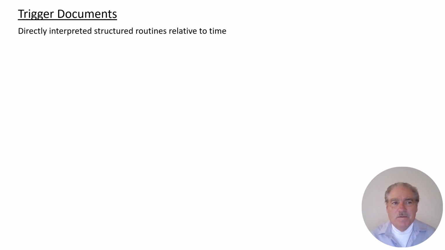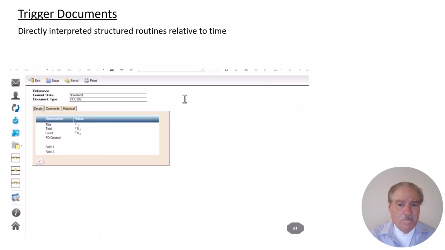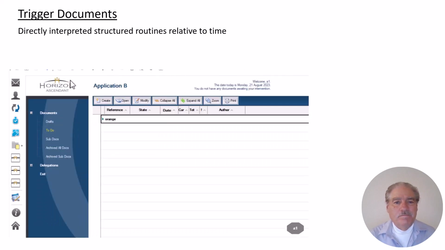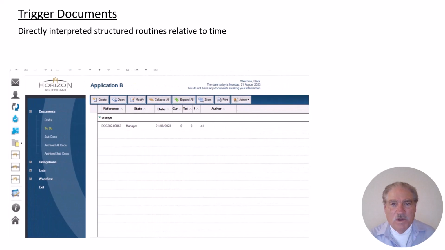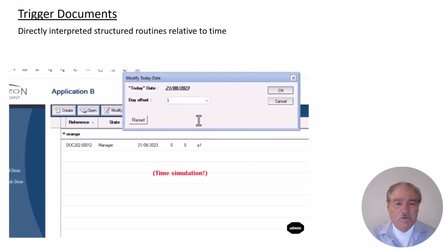Trigger documents. These are likewise directly interpreted structured routines, though in this case relative to time as opposed to user actions. So we've sent one document off in the process, and then we will go into time trigger time simulation. We can simulate time with Workflow Ascendant.